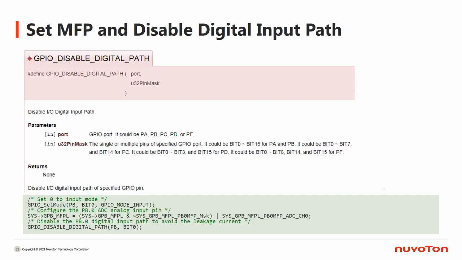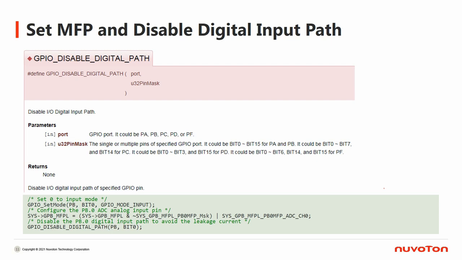However, how to set GPIO and ADC pin? Here is the example code for it. We use the function GPIO set mode with the parameter GPIO mode input to set GPIO as input mode. The first line of the code would set GPIO PP0 as input mode.